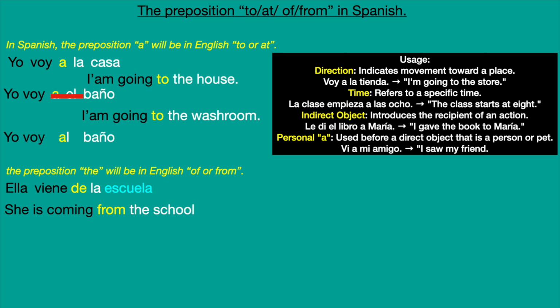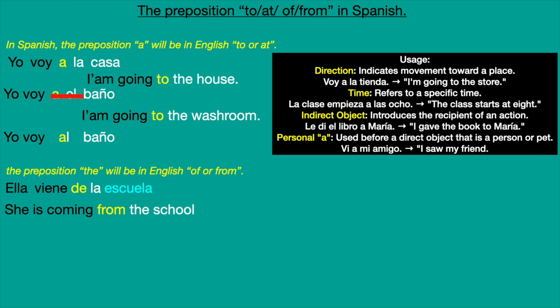She's coming from the school. Ella is she, viene is coming, and de means from. So "ella viene de la escuela."